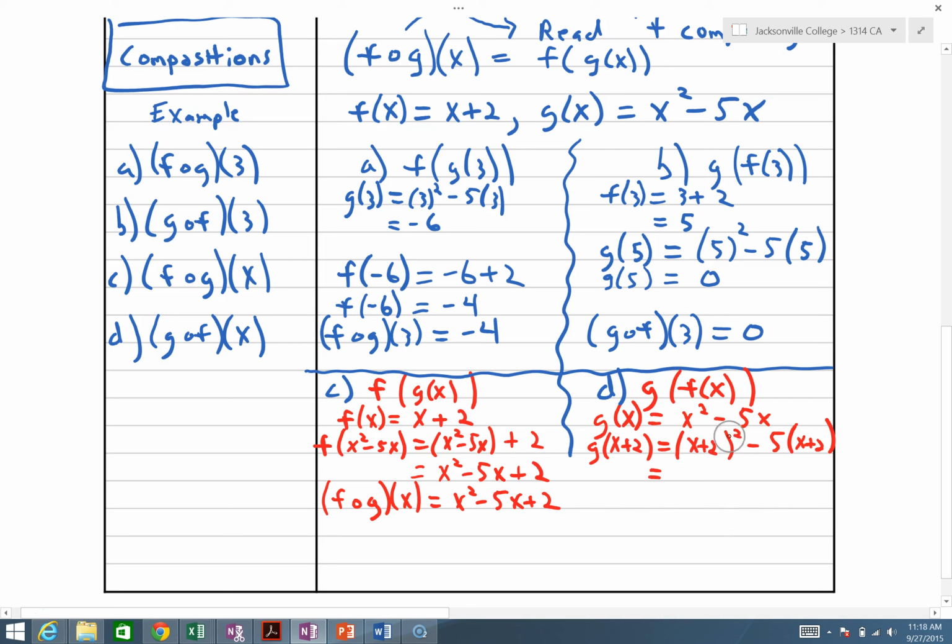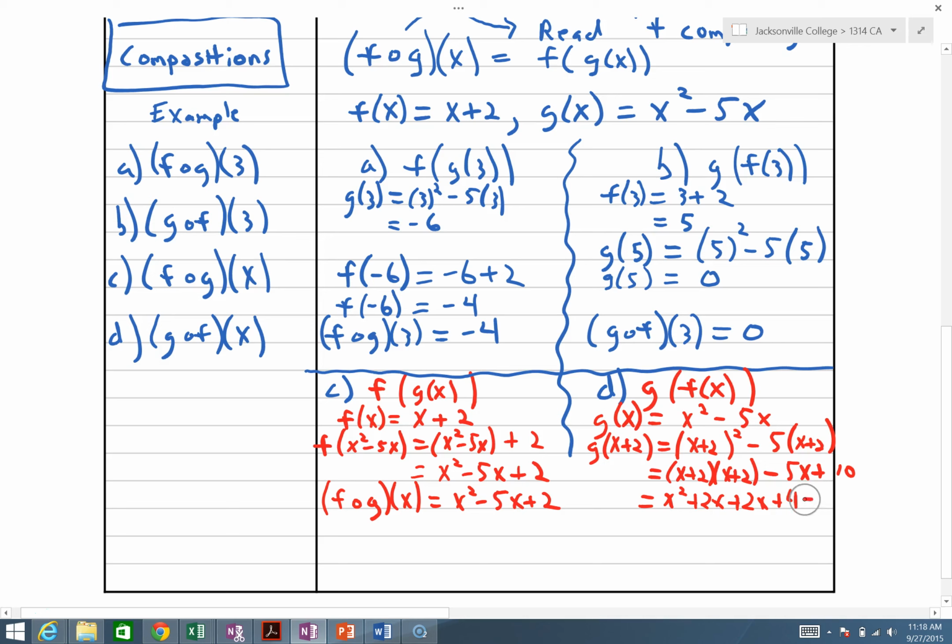Equals, well, here we have this binomial squared. We need to write it twice. X plus 2 times x plus 2 minus 5 times x is 5x. 5 times 2 is 10. Okay. Multiplying this, x times x is x squared. X times 2 will be 2x. 2 times x, 2x. 2 times 2, 4.